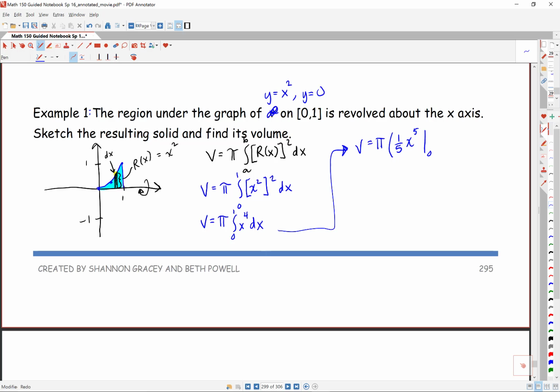So we'll get pi over 5 times 1 to the 5th minus 0 to the 5th, which is pi over 5 of a cubic unit.